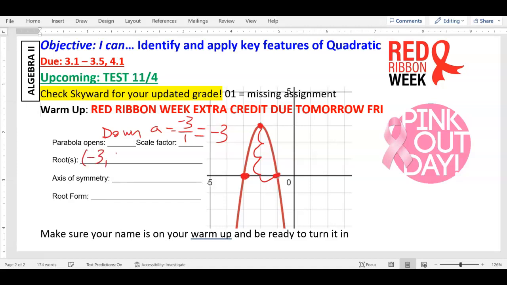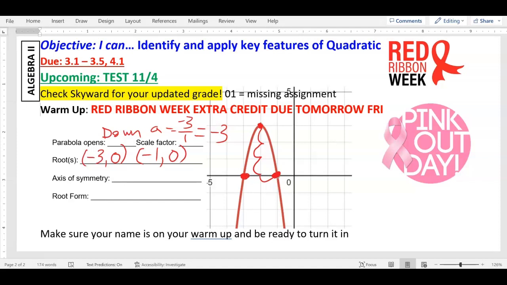Does everyone see that it's an ordered pair, x comma y? What about the other root right here? Roots are always comma 0, right? The y value is 0. Is everyone getting this? Okay.